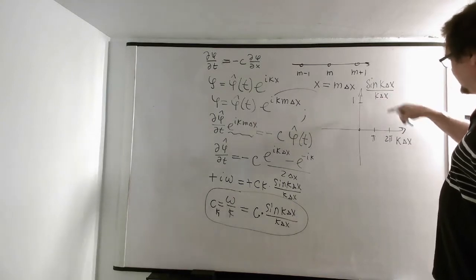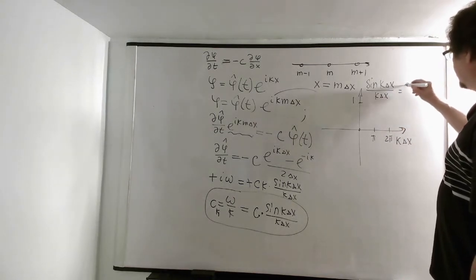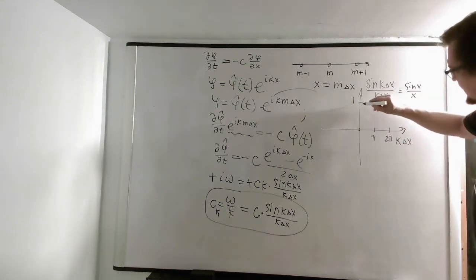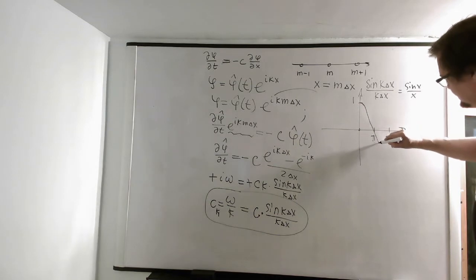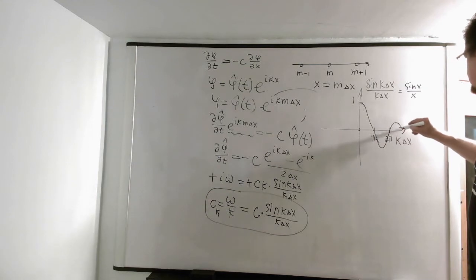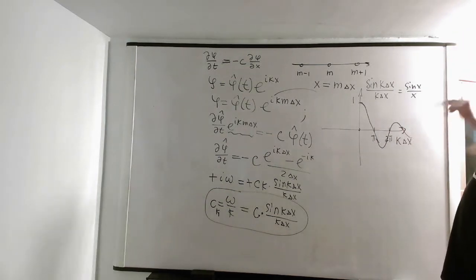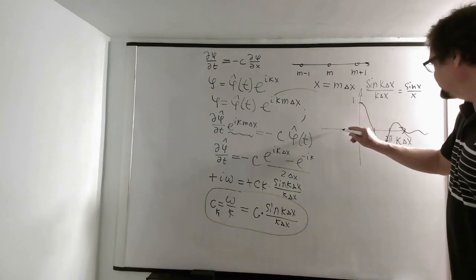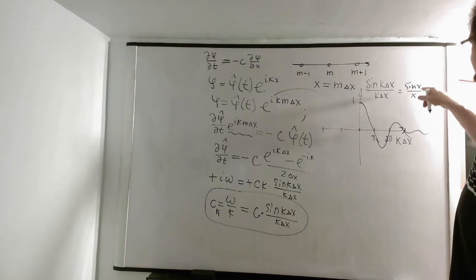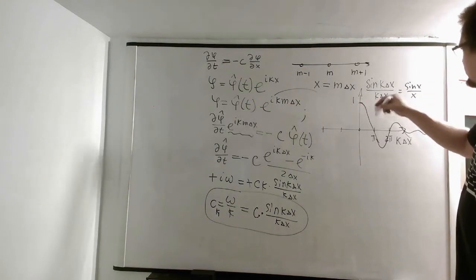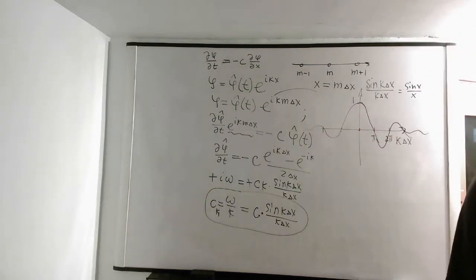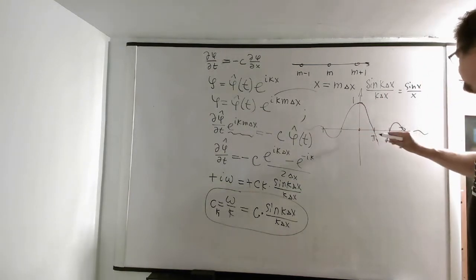With increasing x, it becomes smaller and smaller, so it will look something like that, with smaller and smaller amplitude. And of course it's symmetrical, because when x is negative, sine is negative and x is negative, so it's going to be positive again here.